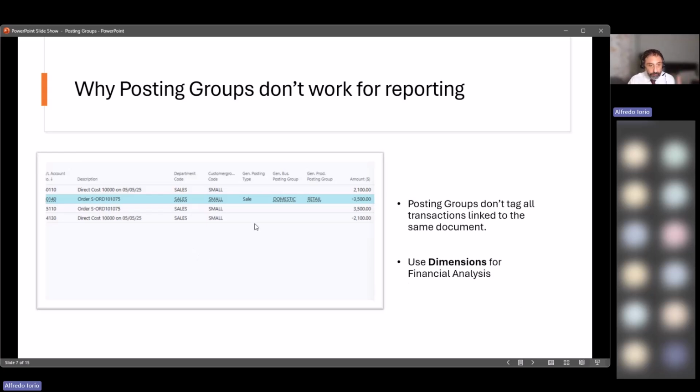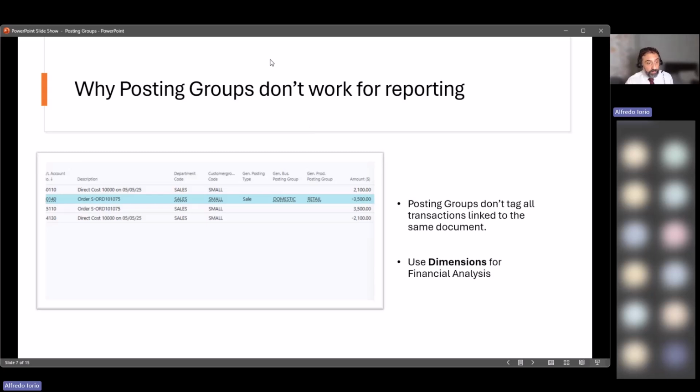And notice how the posting groups don't tag all transactions linked to the document. And so if you end up trying to generate a revenue report or cost of goods sold report based on posting groups, you will end up creating reports that don't tell the truth because you miss data. If you need to give your clients tools so they can run analysis reports on any kind of financial data, the best way and the best tool is to use dimensions.